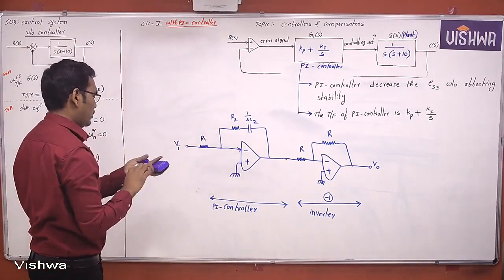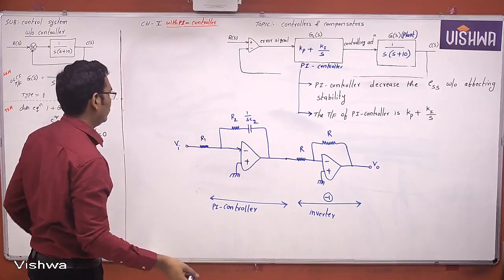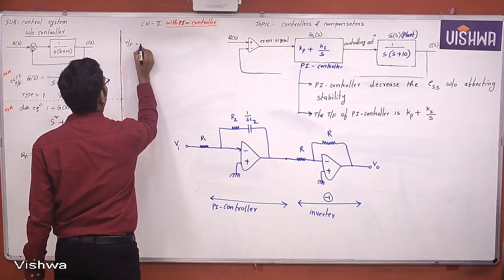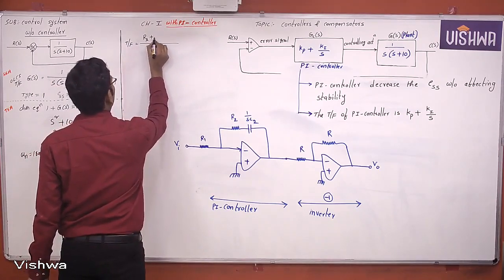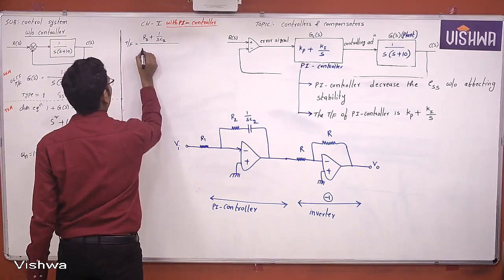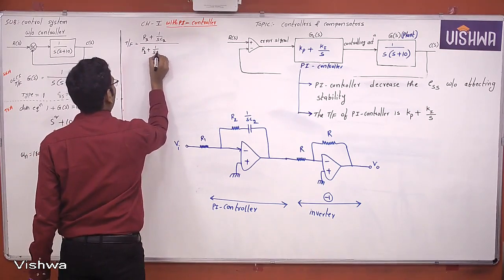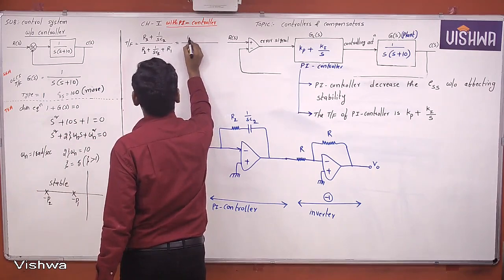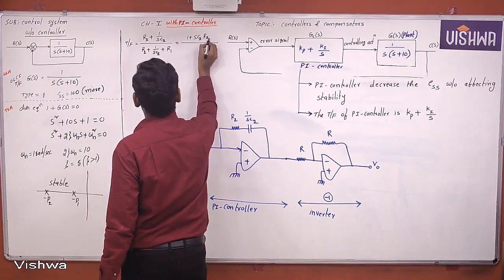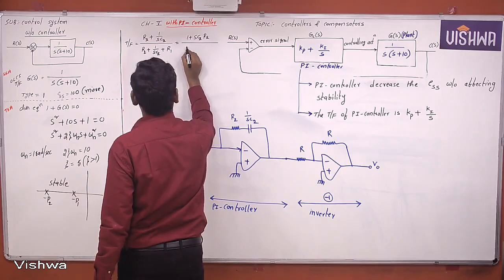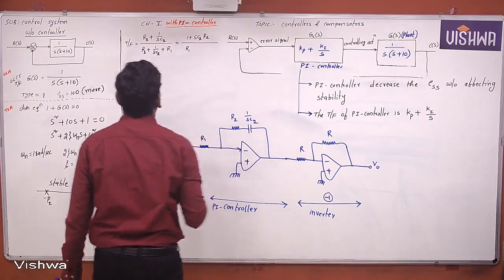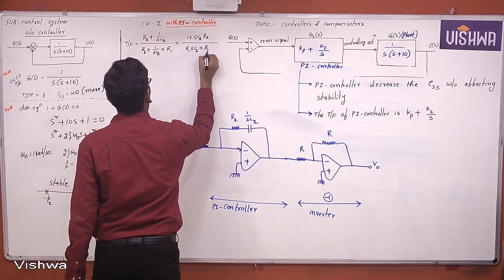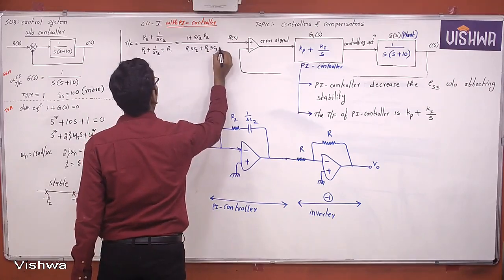Now if you see the transfer function, (R2 plus 1 by SC2) by (R2 plus 1 by SC2 plus R1), which is equal to 1 plus SC2 R2 by R1 SC2 plus R2 SC2 plus 1.